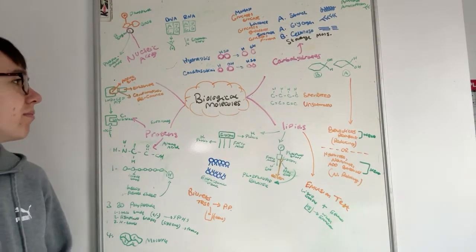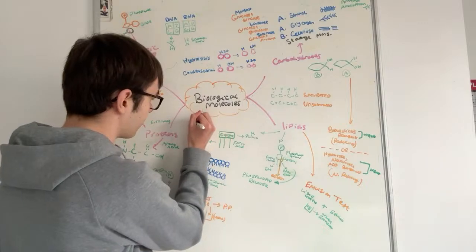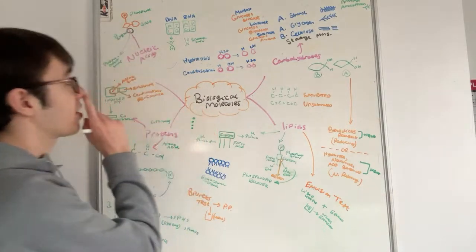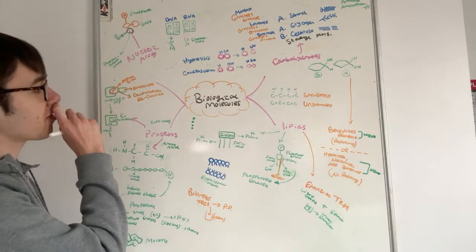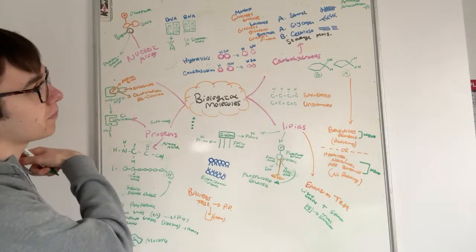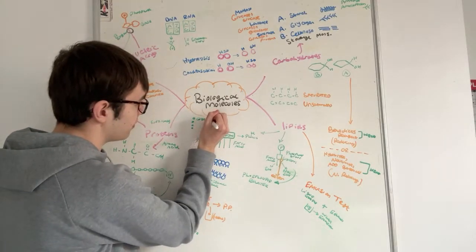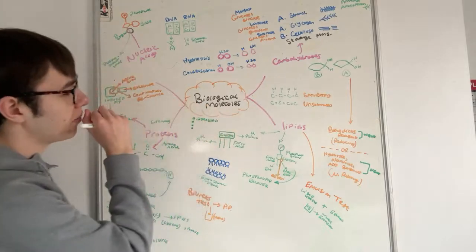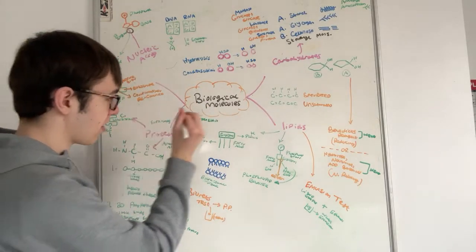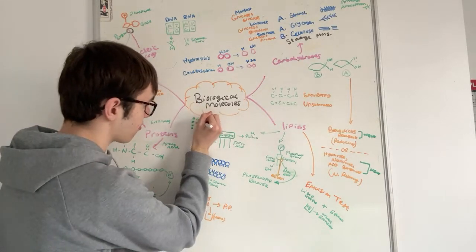A little bit of general trivia, which could easily come up in the exam, is just the different types of bonds. So, for example, a glycosidic bond would be between carbohydrates, your ester bonds between lipids.